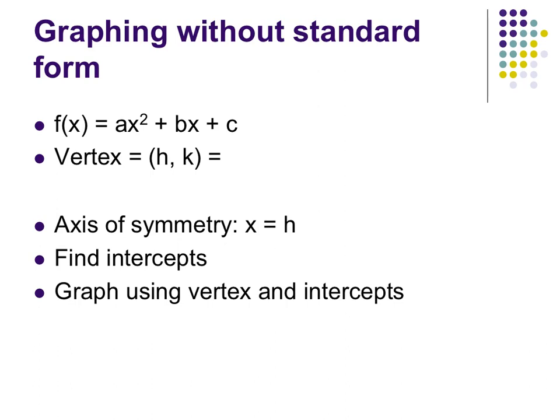You can keep it in quadratic form, which is ax squared plus bx plus c, and then find the vertex by finding the h as negative b over 2a, and then plug h back in to get k. So negative b over 2a gives you the h, and then you can take that, plug it back into your equation to get whatever k is. The axis of symmetry is still x equals h. You would still find your intercepts the same way, and then you'd graph using the vertex and the intercepts, or additional points if there's no intercepts.